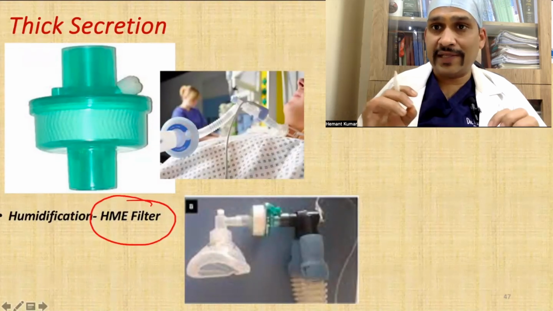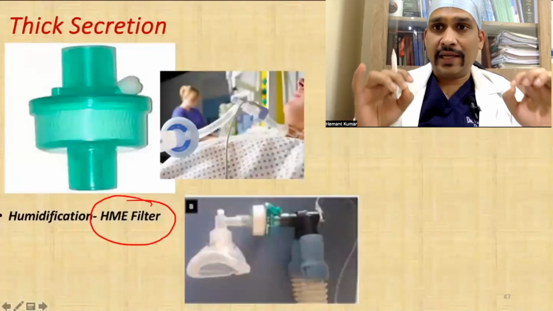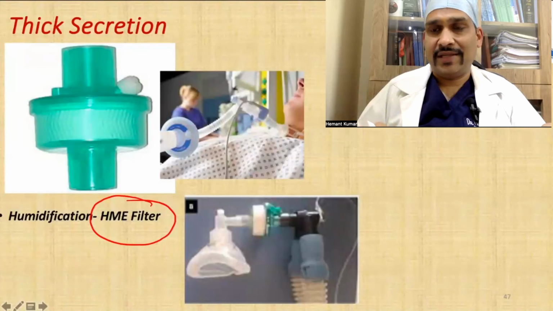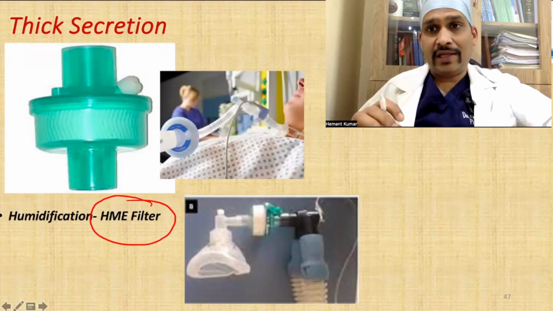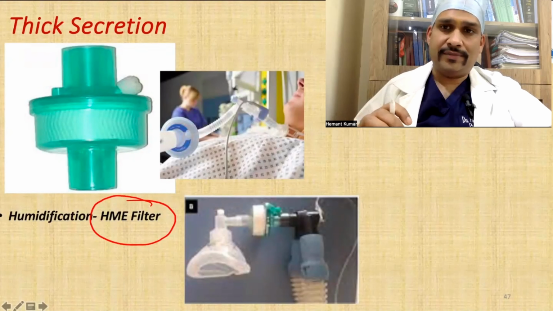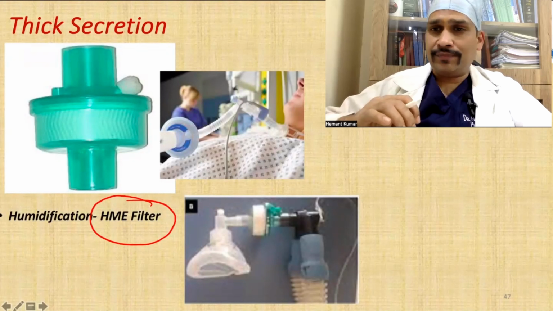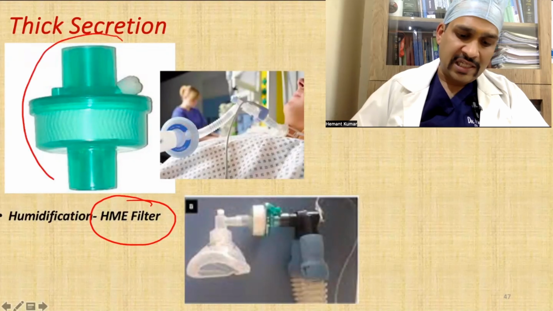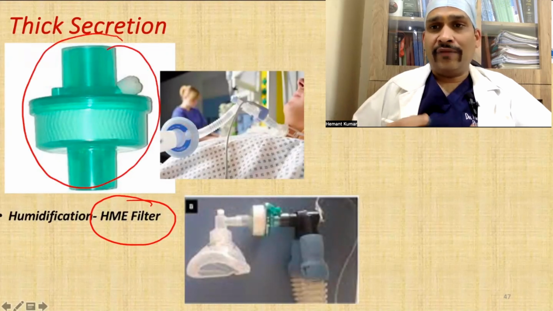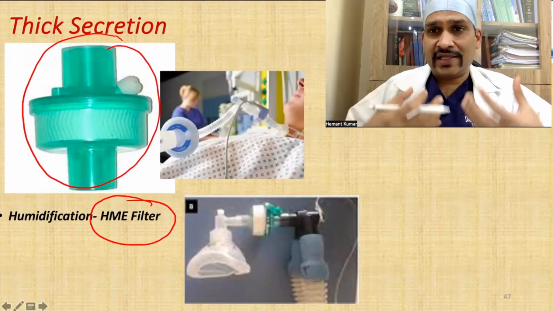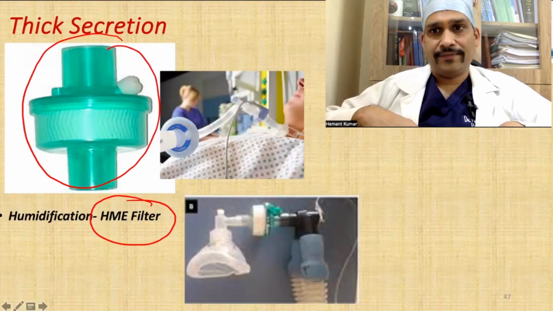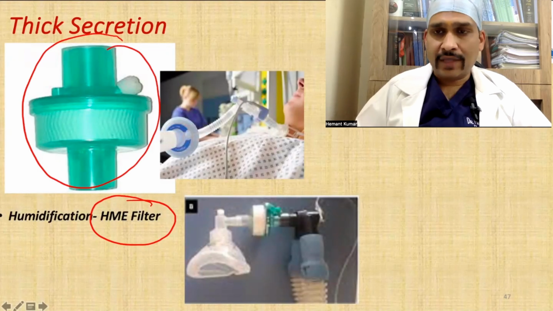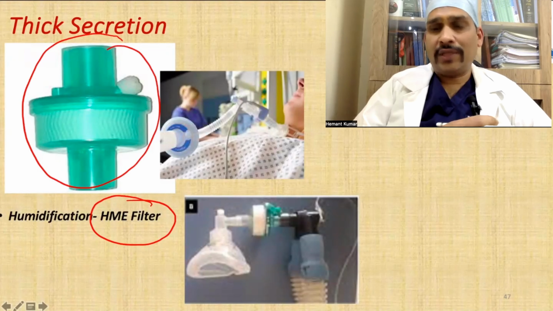What is the full form of HME? Heat and moisture exchanger. Our airways have enough heat and moisture, but it is lost by the ventilator. So if we put this HME filter, our heat and moisture will be retained inside the airway, because it is not letting the heat and moisture out of the airway.